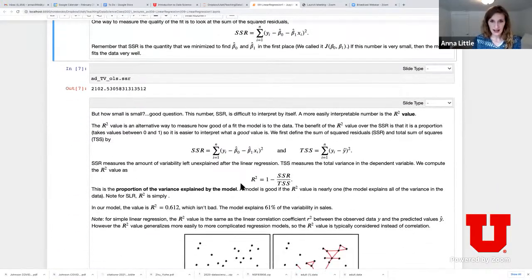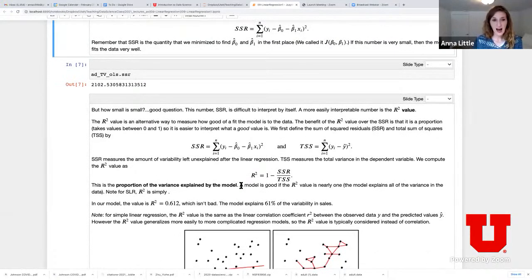All right, so how should we interpret the R squared value? This R squared value is directly relatable to the sum of squared residuals. As we've discussed, we can define the sum of squared residuals by looking at the difference between our y's and our predictions, and that measures basically the total of the errors.